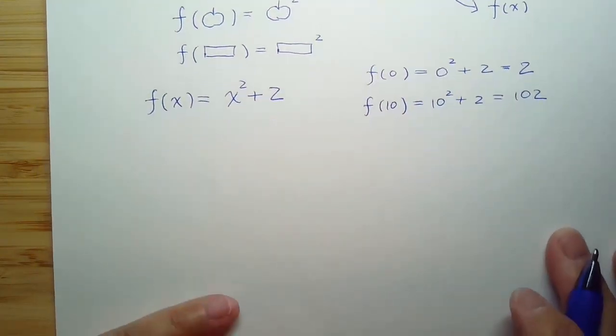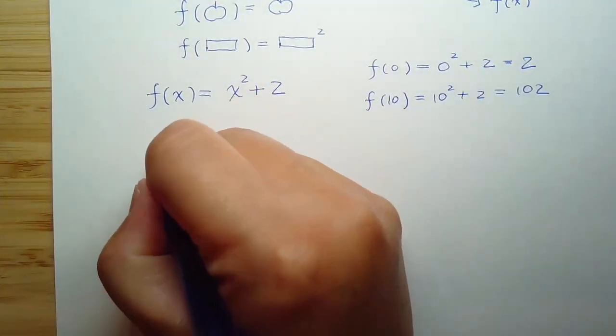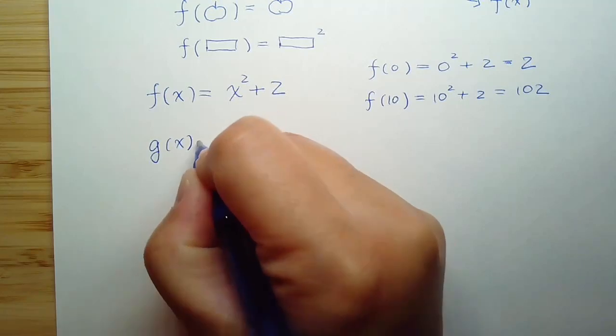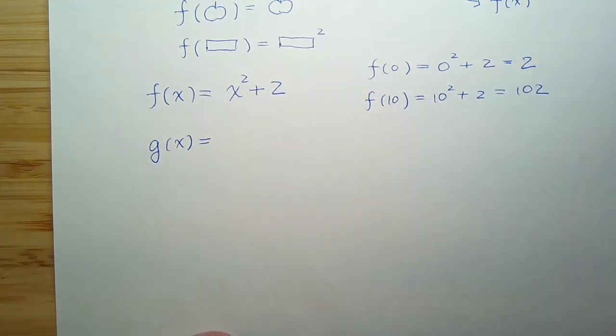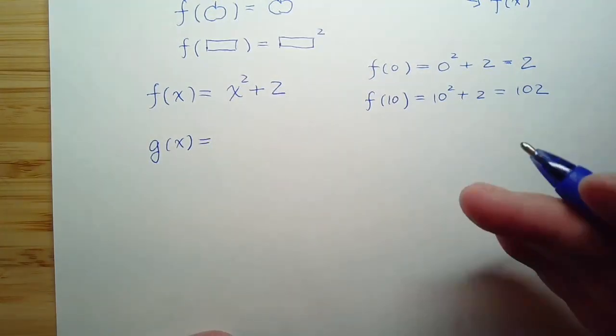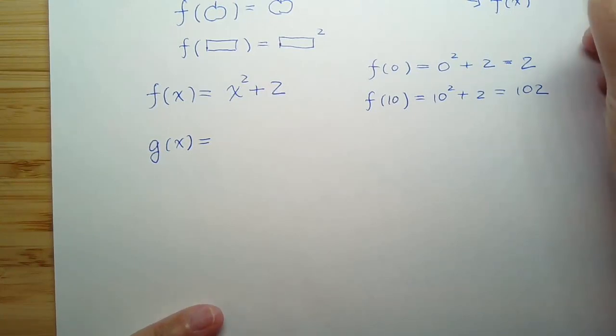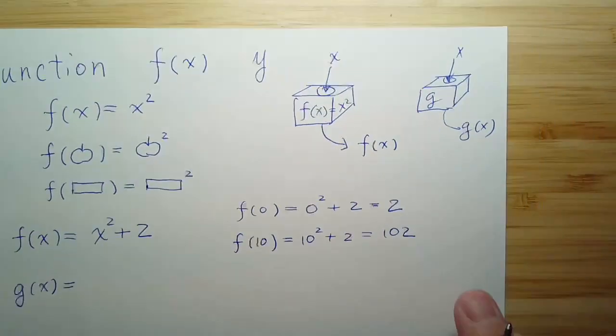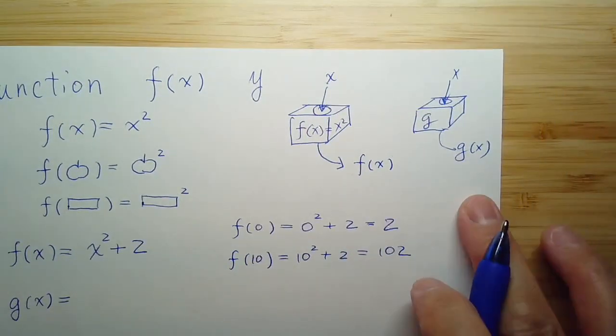All right, keep going. I give you a second function. And you might say, well, this is a g. Yes, you can use any letter to show the function, just like you can get another magic box and put a little g here, and whatever goes out is g of x. This is also a function, just another function.